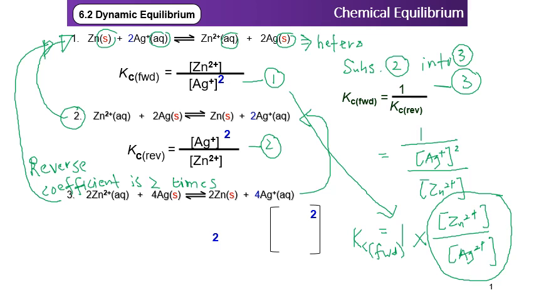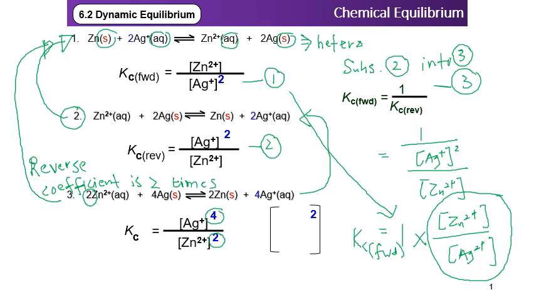So how are we going to write the Kc expression for equation number 3? You will notice here it will become silver to the power of 4 divided by the concentration of zinc to the power of 2.